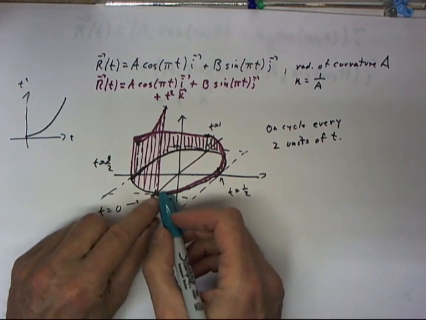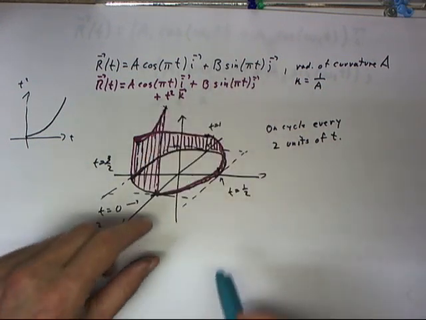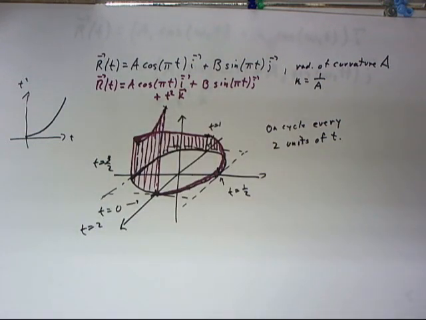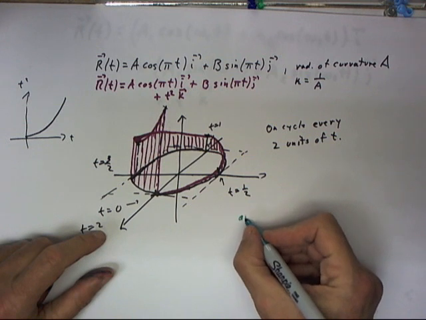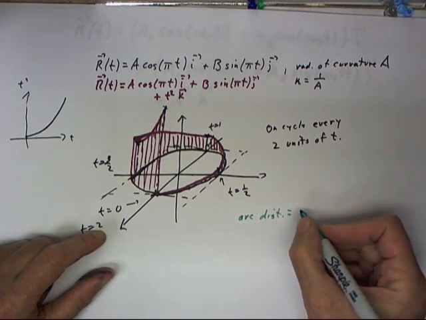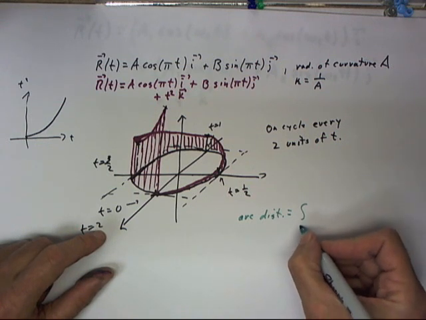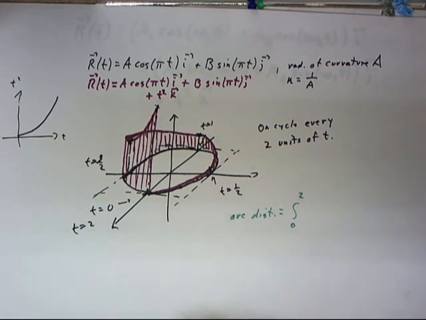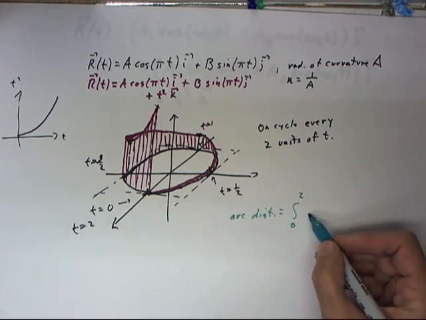We could well ask, how far did we travel along this curve between t equals 0 and t equals 2? The arc distance would be the integral from 0 to 2 with respect to t of the arc increment.